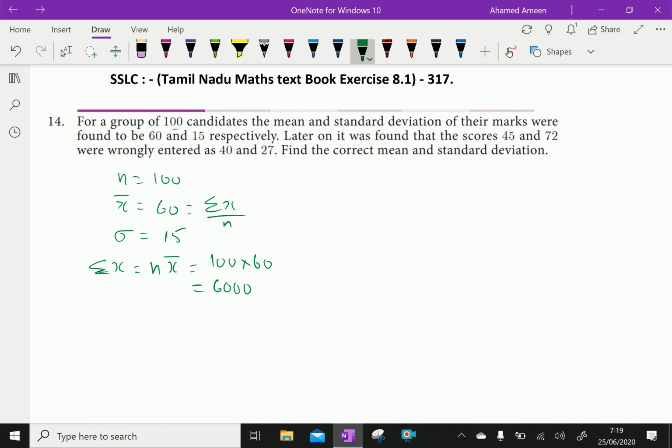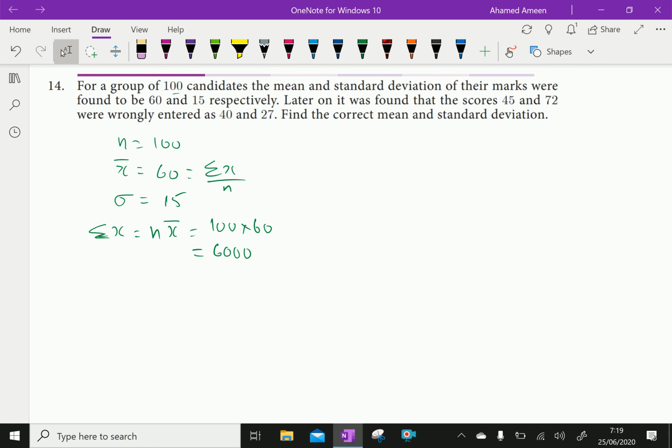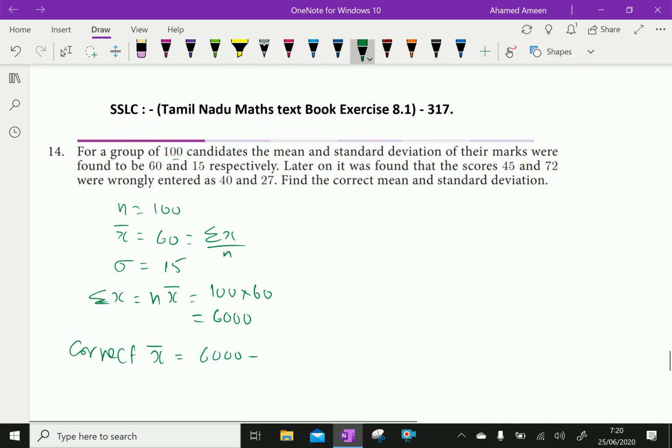Now correct sigma x, that is correct mean. Here the total is 6000. In that, later on it was found that the scores 45 and 72 were wrongly entered as 40 and 27.